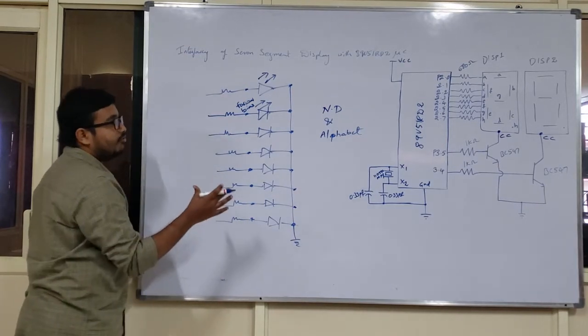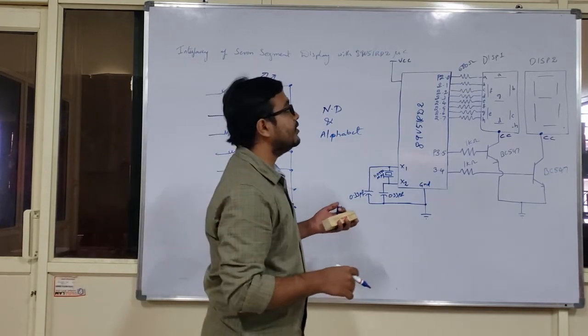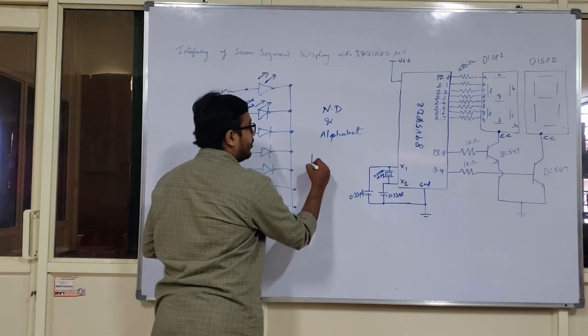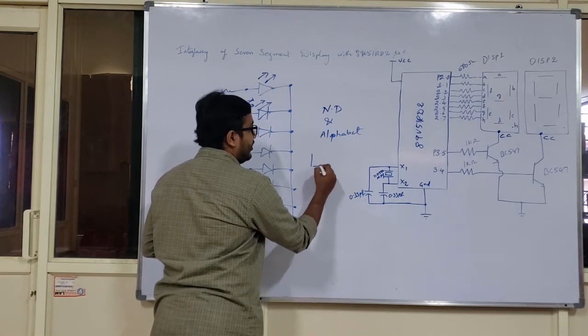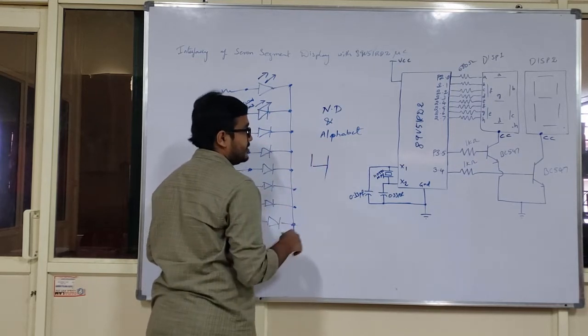Now, if your 7-segment display is going to display a number, 4 for example, then how does it happen?